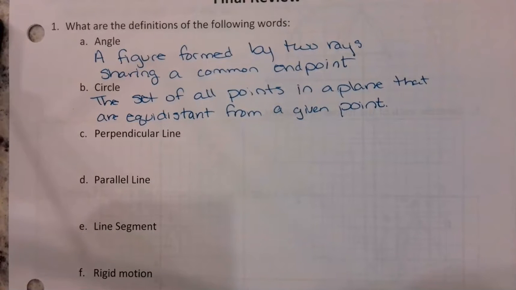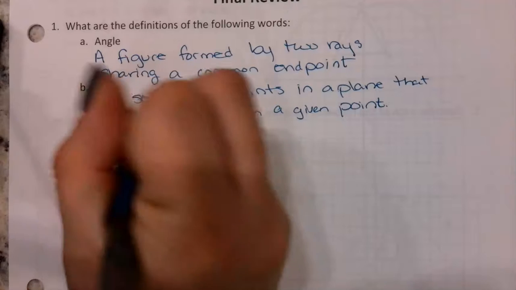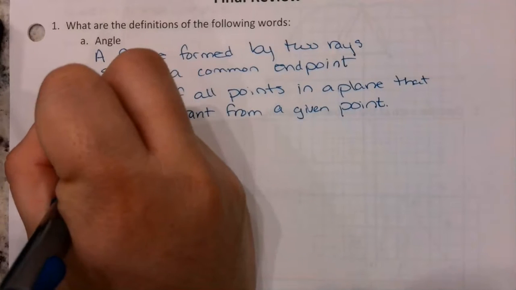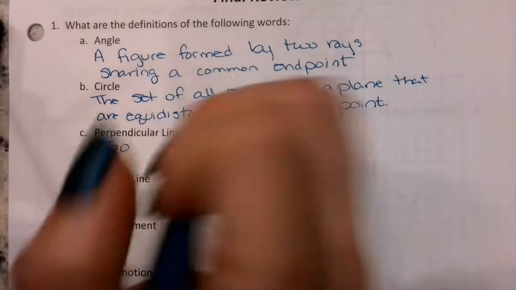A perpendicular line is when two lines form a right angle.